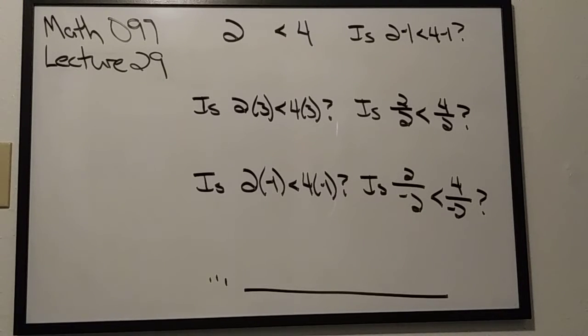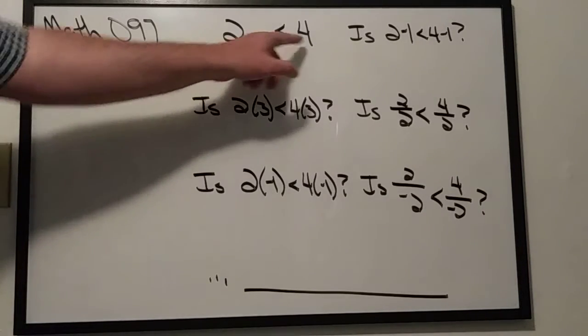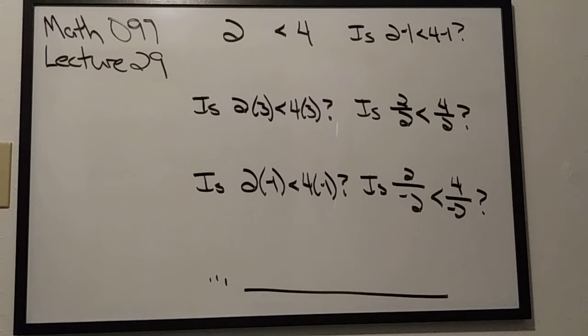In order to understand this idea, I'm going to start off with the inequality 2 is less than 4. My question is, what can I do with this inequality? Can we do the same kind of thing we just talked about in the world of equations? Can I add 3 to the left-hand side and to the right-hand side of this inequality and still have a valid inequality?